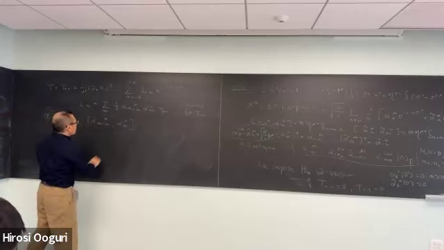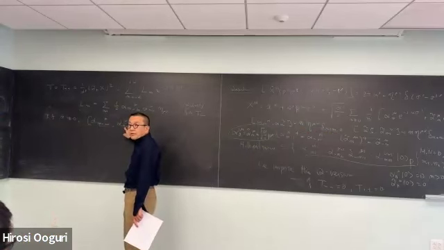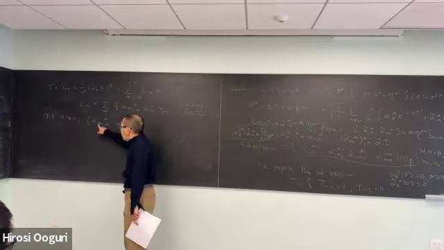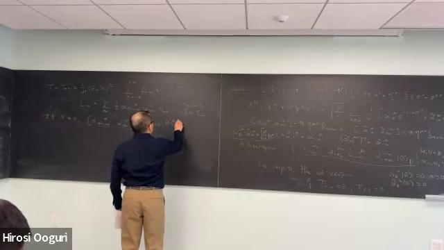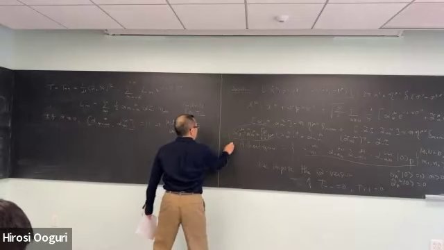So if n is non-zero, then this has to be equal to 0, right? Because m and minus m cancel. So that means that the ordering of these two operators is irrelevant. We can order it either way. And so then the action of L_n on this Hilbert space, let's call it H, is well defined.